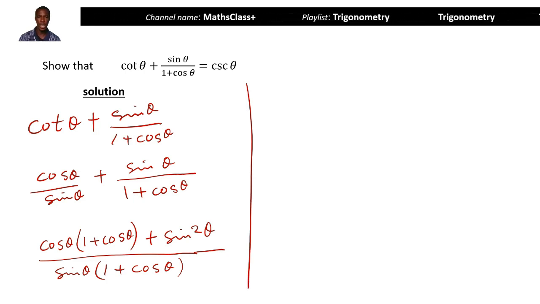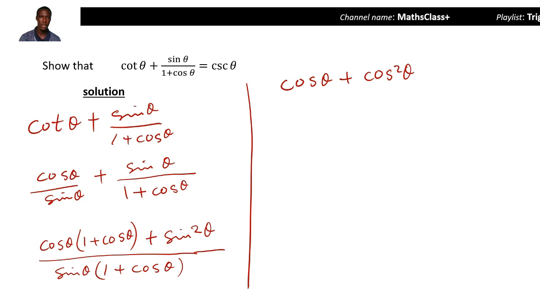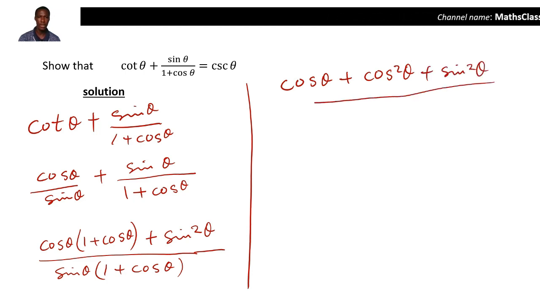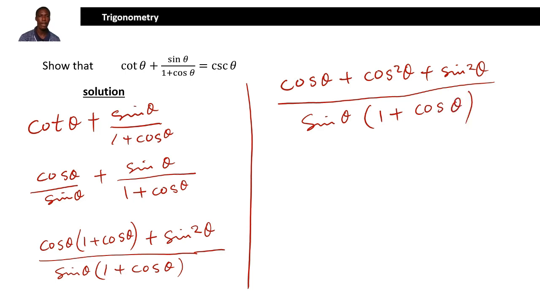Now I will open the bracket and simplify. So I have cos theta plus cos squared theta plus sine squared theta. Everything here divided by sine theta multiplying 1 plus cos theta. So sine squared theta and cos squared theta together will give me 1, which will give me cos theta plus 1.